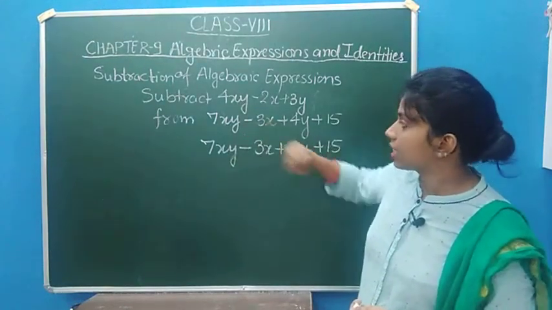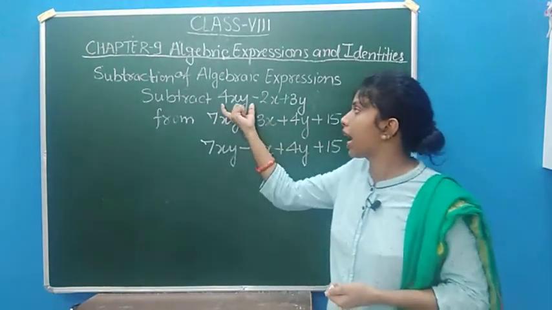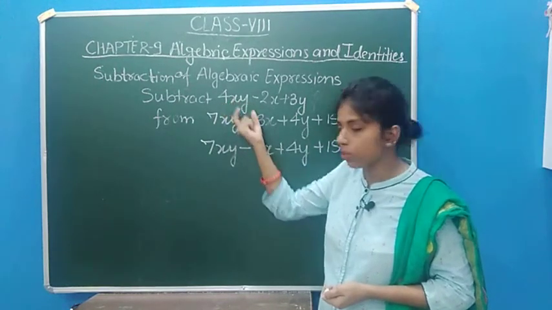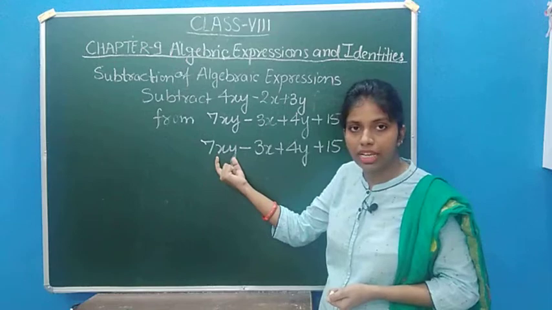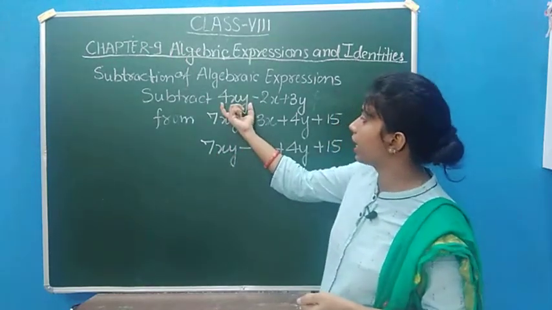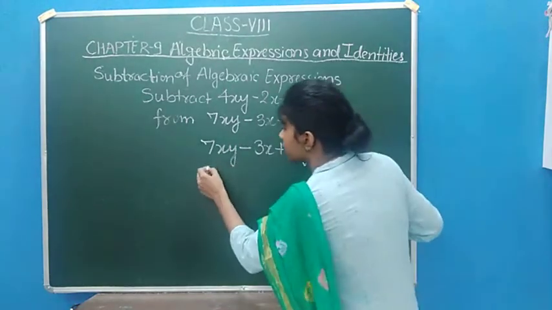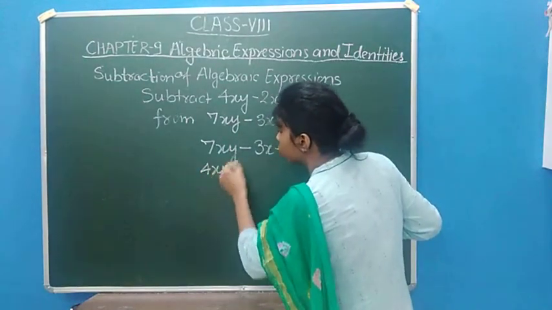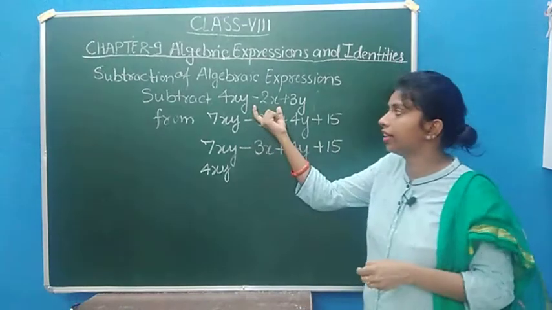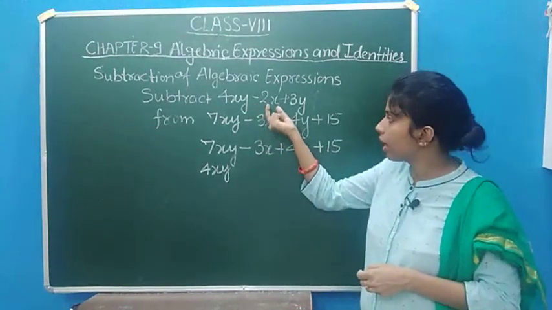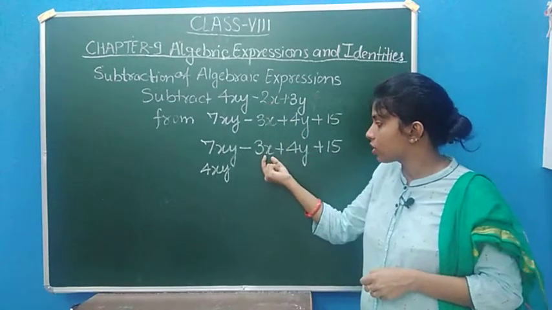So let's arrange. In this expression we have 4xy, so the variable is xy. Here we also have variable xy, so of course we have to write this term with 7xy. So it is 4xy. Now the second term in this expression is minus 2x. The variable is x, and here also is variable x.